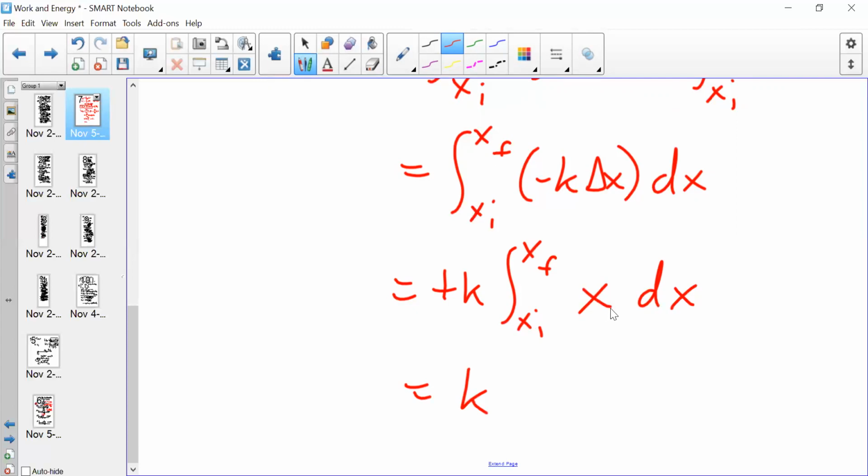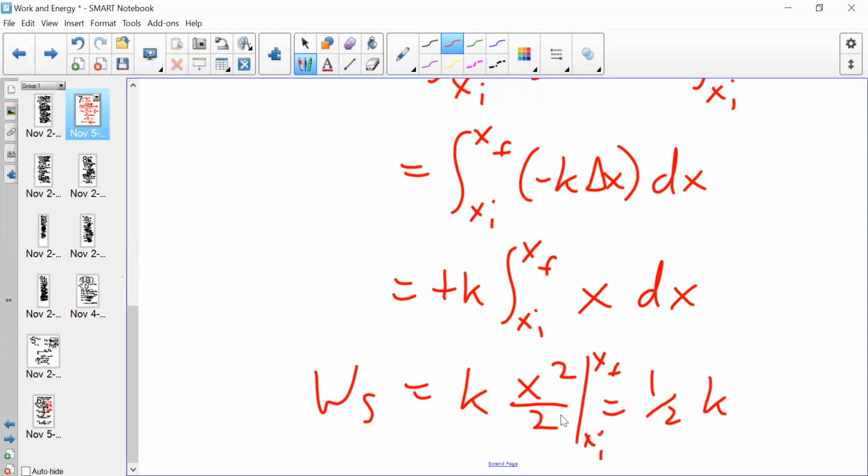The antiderivative of this is just x squared divided by 2. So that becomes work, and that can simplify to 1/2 k, with the limits from initial to x final. That's why it's a delta, and the final result is 1/2 k delta x squared.